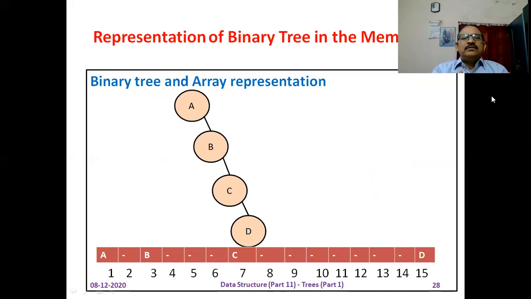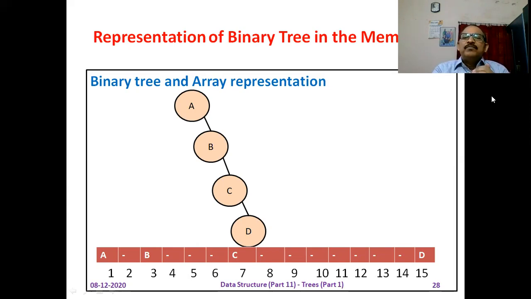Next, let us take this, again a binary tree, and height of this binary tree is again 3. Okay. Next, you can see in the figure, bottom figure, there is a one-dimensional array. And as we already know, to store a binary tree of height h, we need a memory space equal to 2 to the power h plus 1 minus 1.